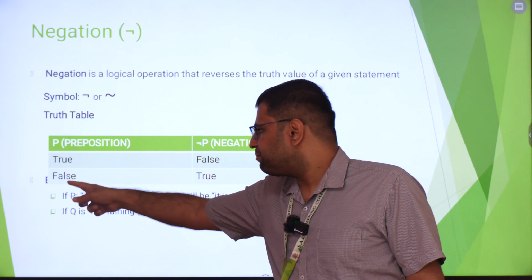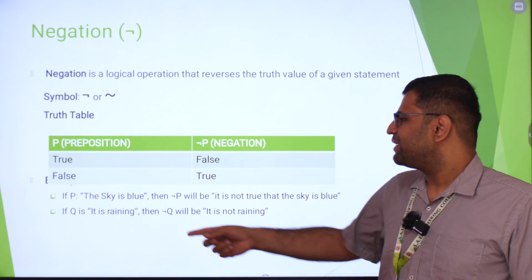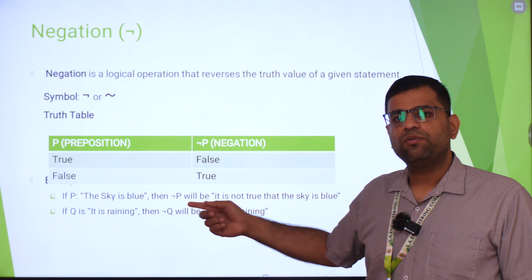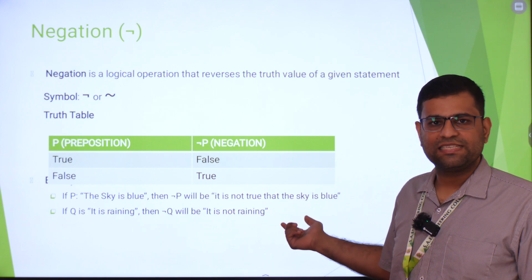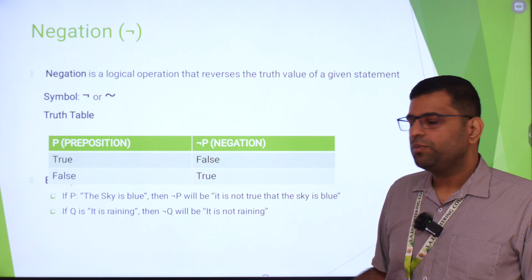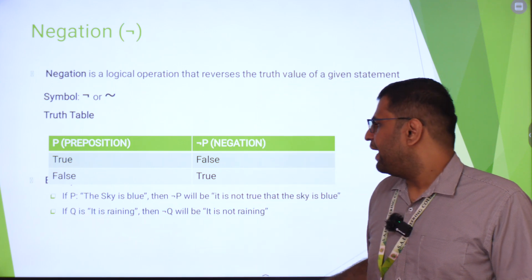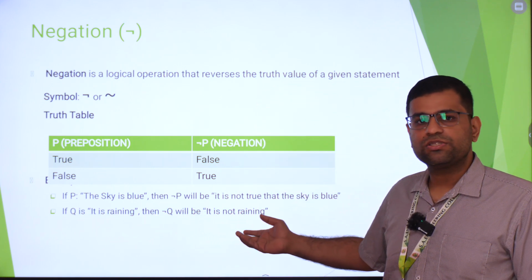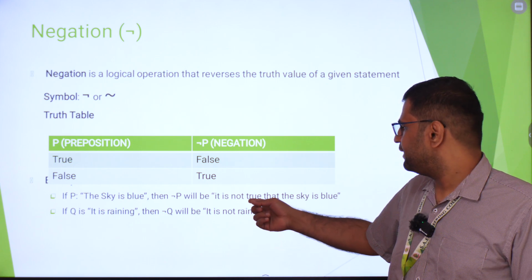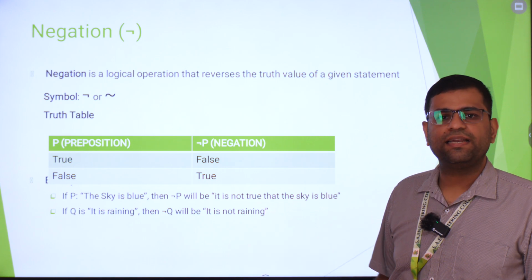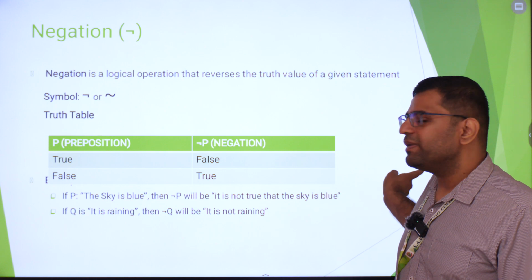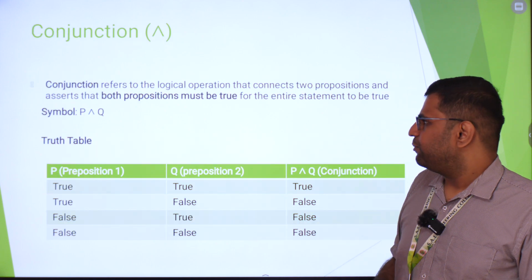As an example, if we take the sky is blue and apply negation, we can say that it is not true that the sky is blue, or the sky is not blue. Let's say another proposition, it is raining. If we apply the negation, it is not raining, or in another way, it is not true that it is raining. So negation basically reverses the statement.